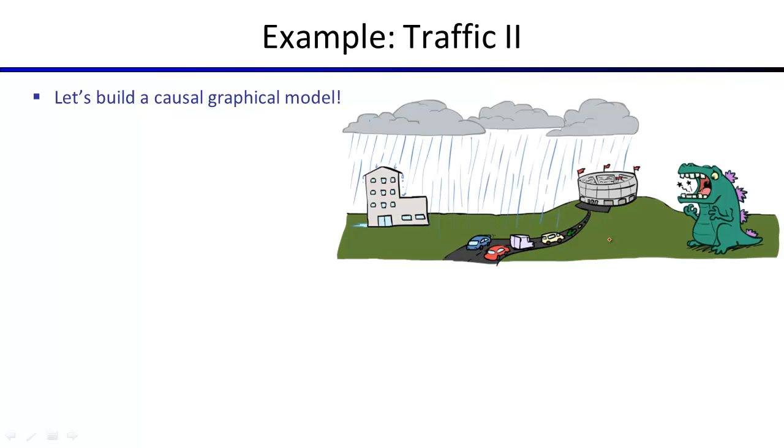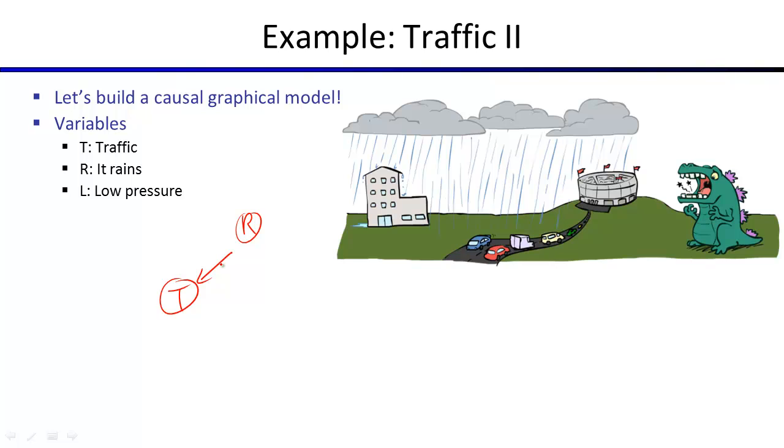Okay, let's build a bigger traffic model. The variables will be, first one, traffic. So we don't know yet what the other variables are, so just a node for now. It rains. We've looked at that. We know that we like a model where rain points to traffic. Low pressure. Actually, let's make some space here.